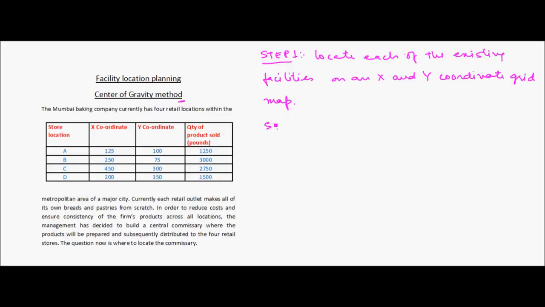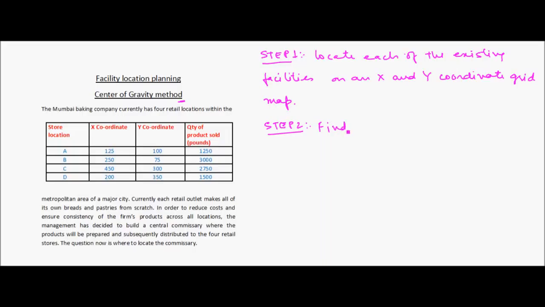And step number 2 is to find out the X and Y coordinates of the new plant by taking the weighted average of the X and Y coordinates of all the existing facilities.